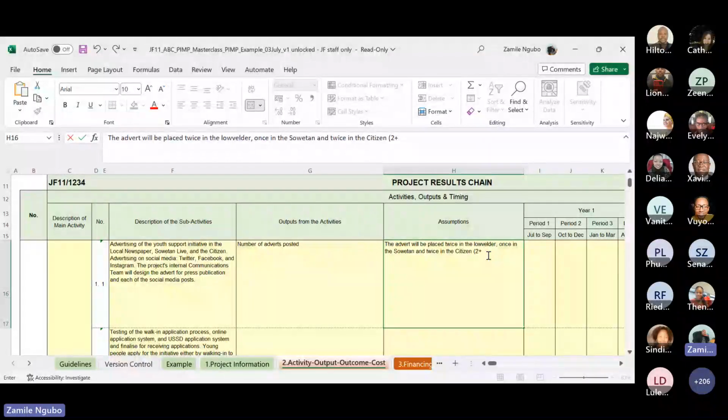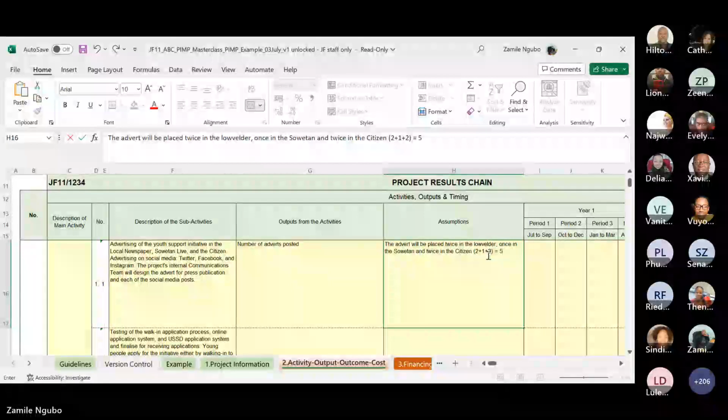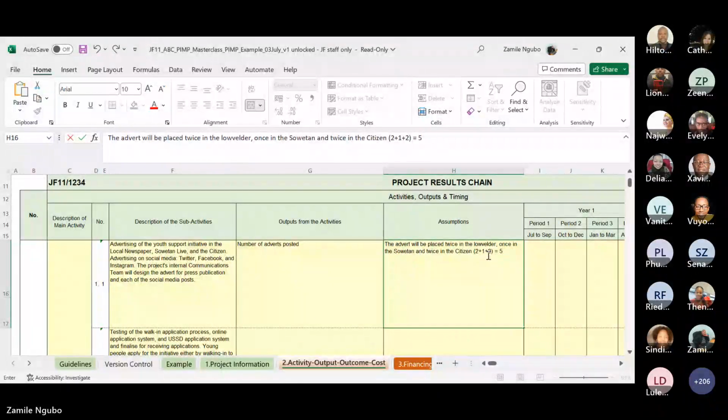Then we'll also advertise on social media platforms, twice a week, through Twitter, Insta, and Facebook.